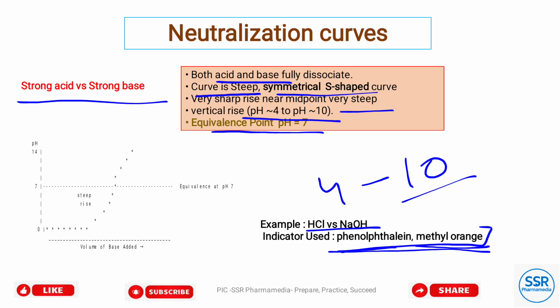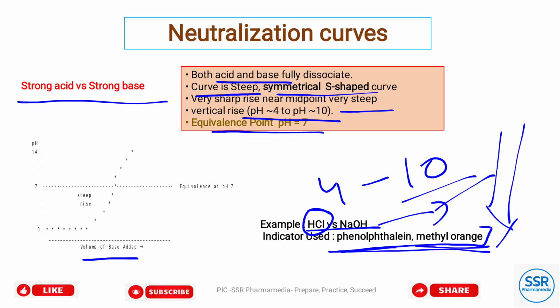While doing this titration, we take the acid, like HCl, in a conical flask, and NaOH in the burette. The volume of added base, that is NaOH, is added 1 ml at a time.